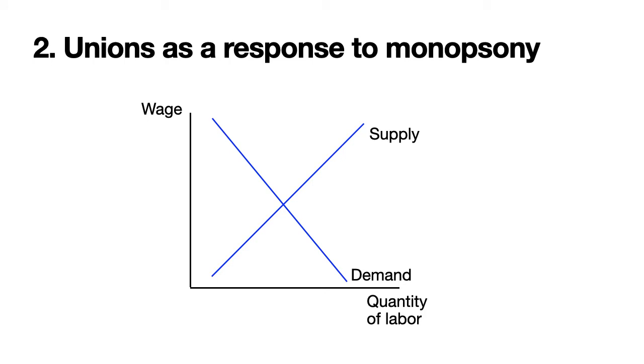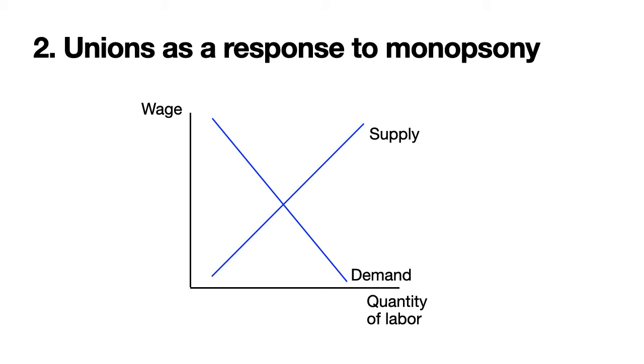So if this is our labor market and we are the only employer in town, we have a demand for labor. So that's our demand as the purchaser of labor, and it's really based on the marginal benefits we get from hiring workers, which really has to do with how productive they are.